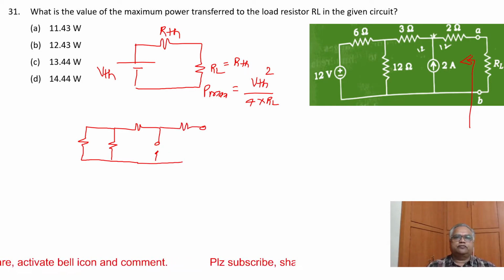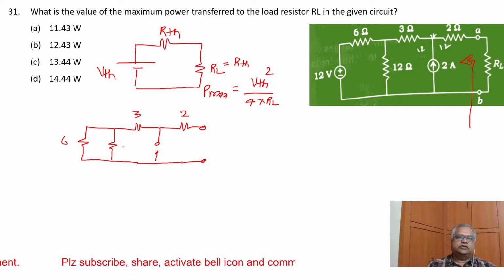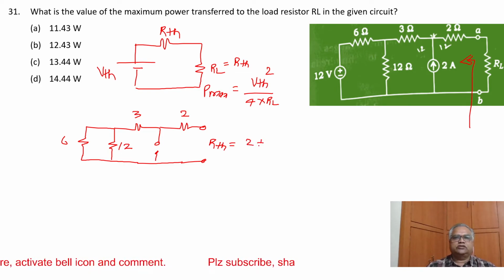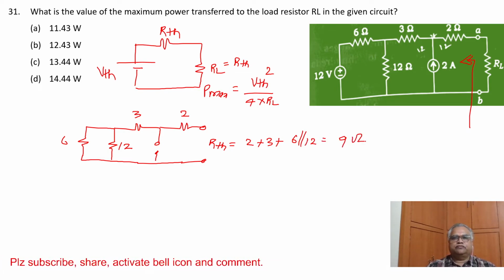Again 2. So you will get R Thevenin equal to 2 plus 3 plus 6 parallel with 12. Simplify, you will get 9 ohms.